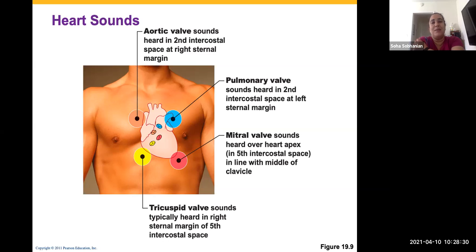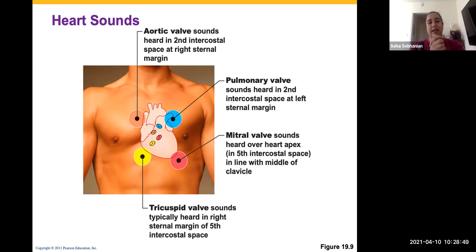So the tricuspid and bicuspid or mitral valves are heard on the side that they are located. The aortic valve and the pulmonary valve are heard on the opposite side because of the way the blood vessel twists.